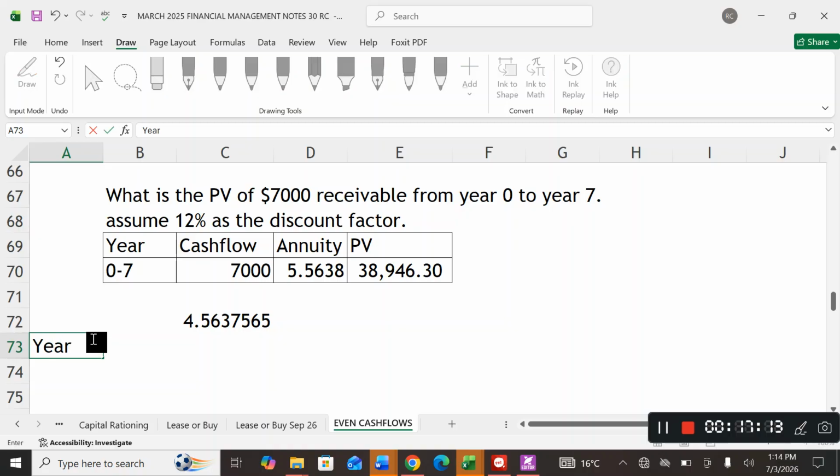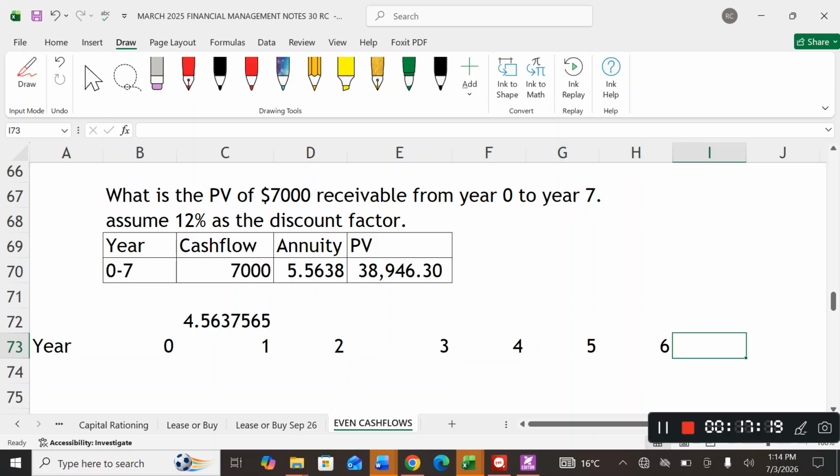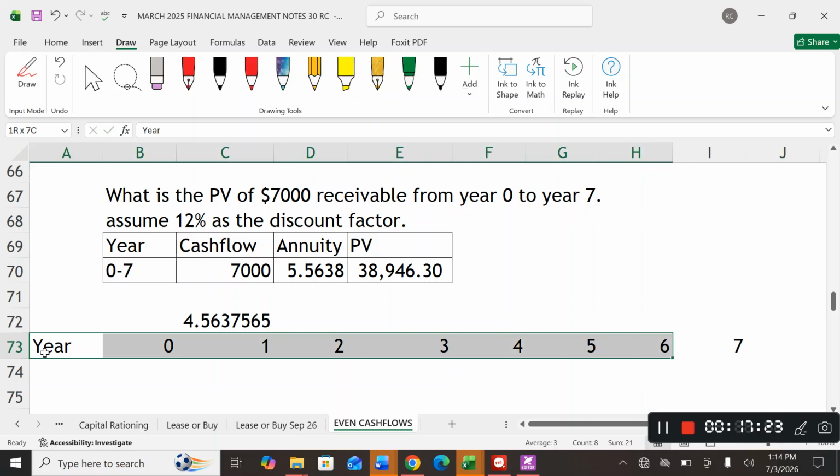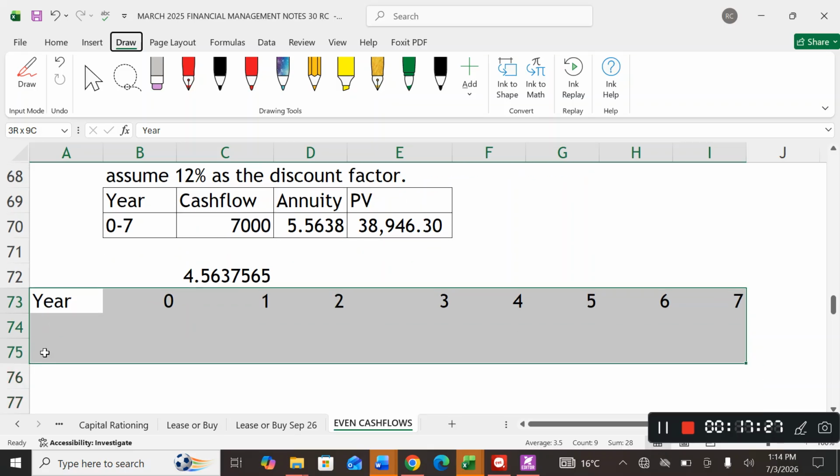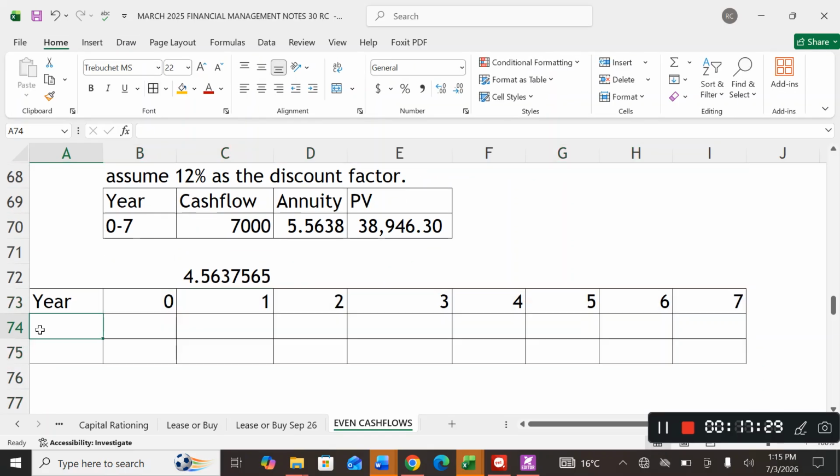I can also make this presentation here: 0, 1, 2, 3, 4, 5, 6, 7. I have my 7 years here, from year 0. If I put my discount factor, I'm going to discount at 12%, equals 1.12 to the power negative 0.